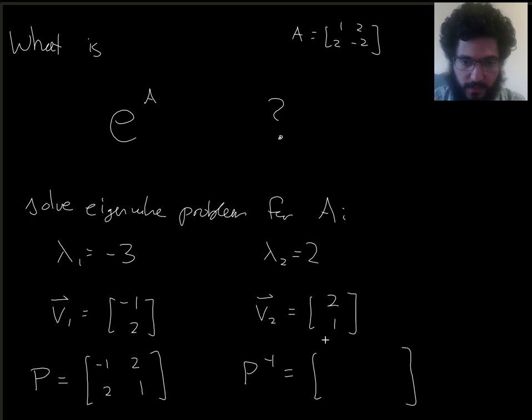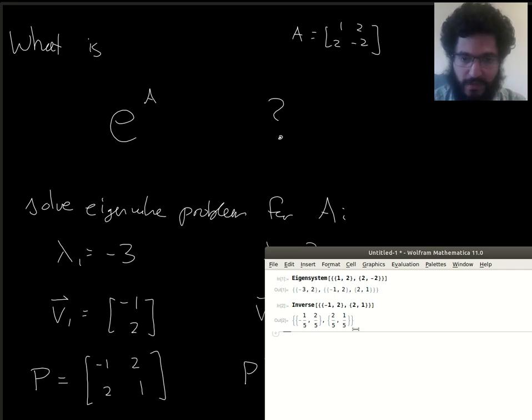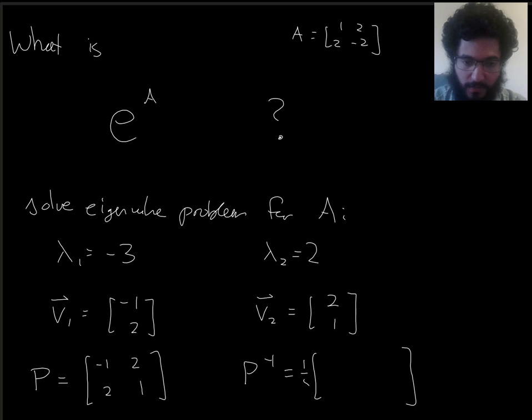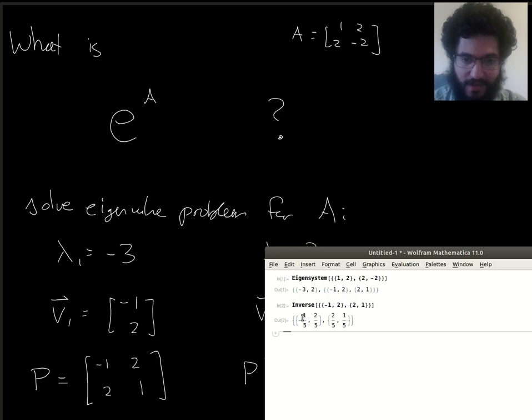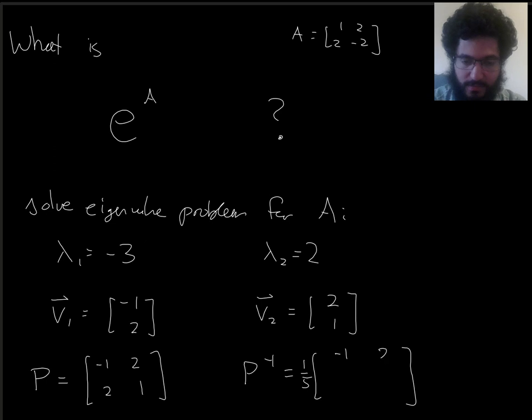Okay, so looks like there's a common denominator 5. So how about I do 1/5 and then -1, 2, 2, 1.